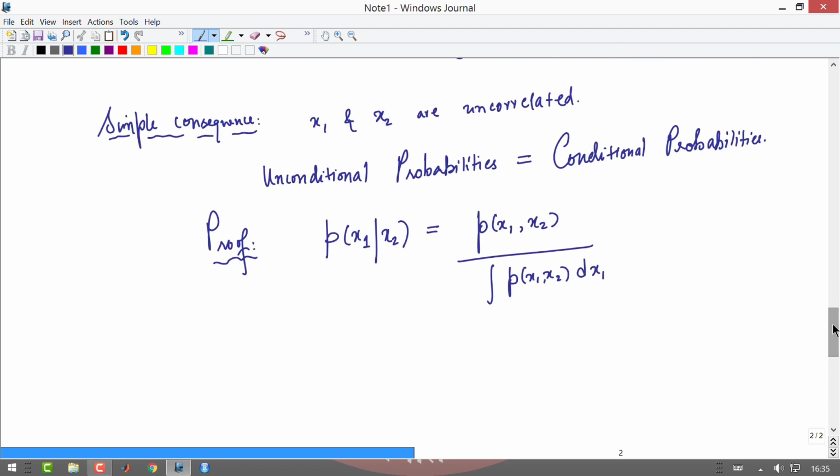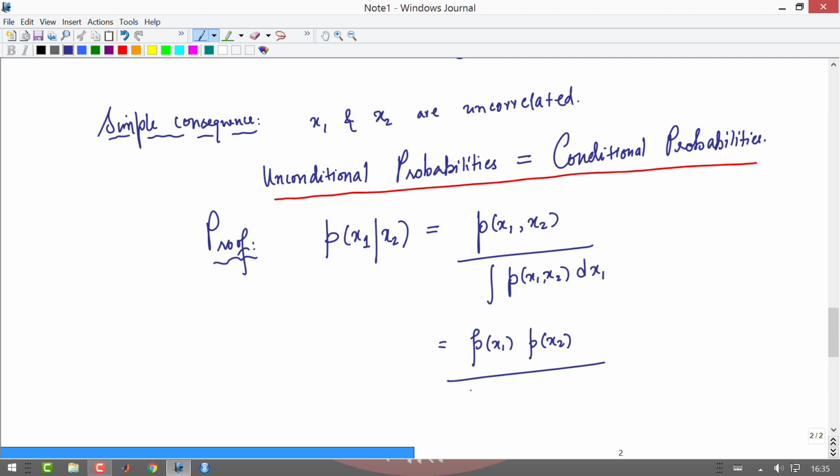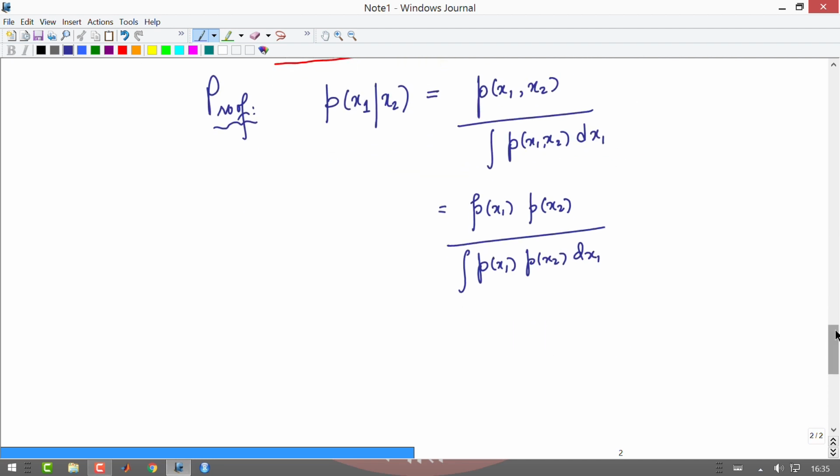Okay. Now since your variables are completely uncorrelated, I can write down the numerator as a product of individual probability densities. If the variables are uncorrelated, the joint probability density is simply the product of individual probability densities. And by the same logic, I can write down the denominator as p of x1 into p of x2 integrated over all values of x1.